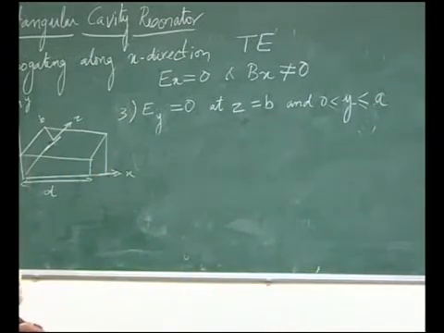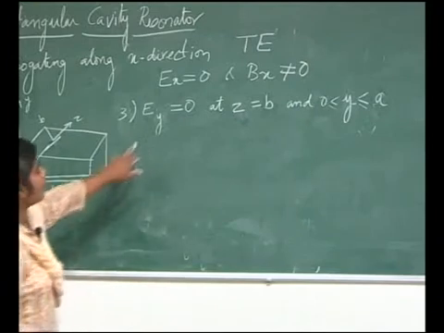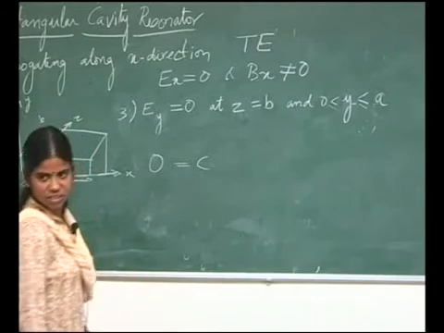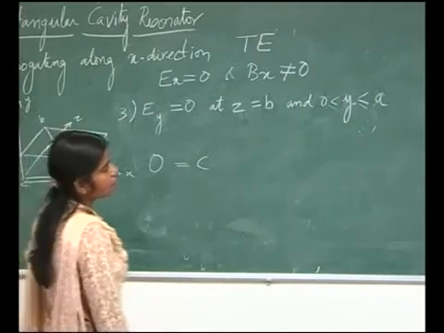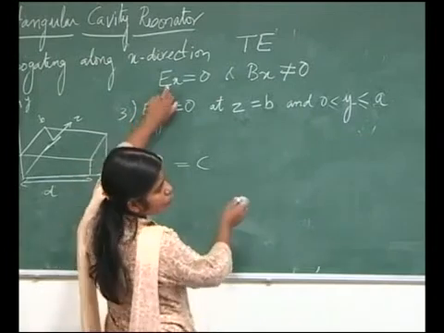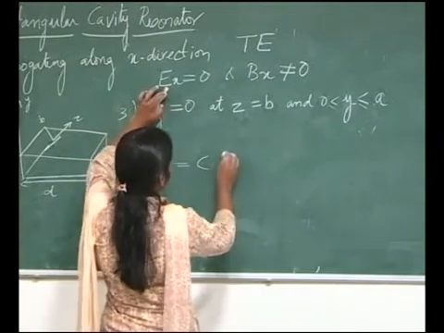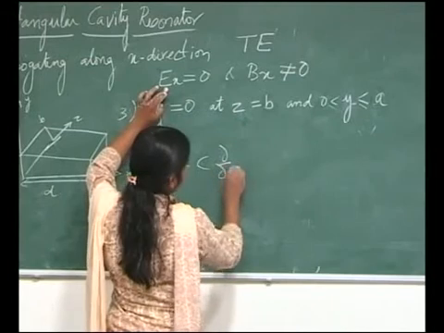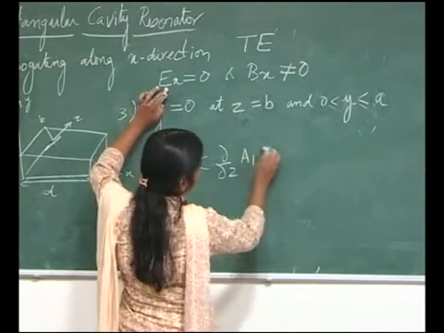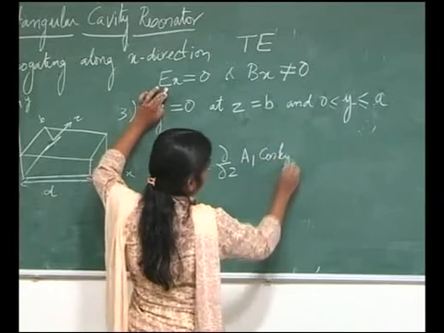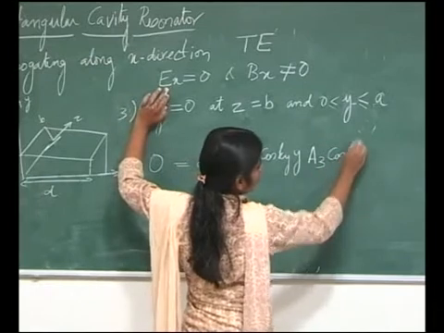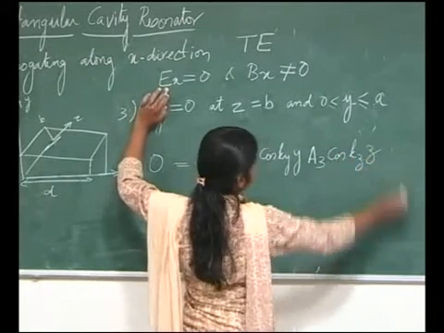Again I have Ey should be 0. I will consider the first term as some constant c, and the first term is 0 because Ex is 0. So I have del over del z of Bx. Now my Bx is a1 cos ky y a3 cos kz z.